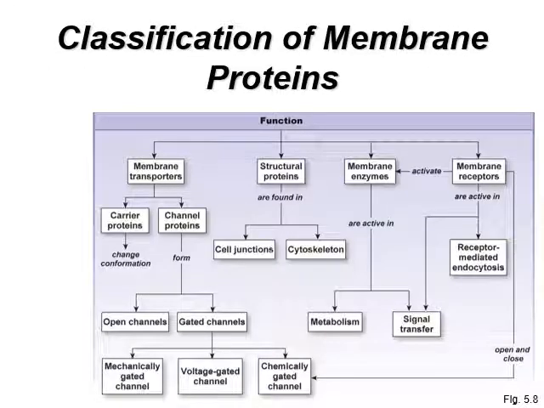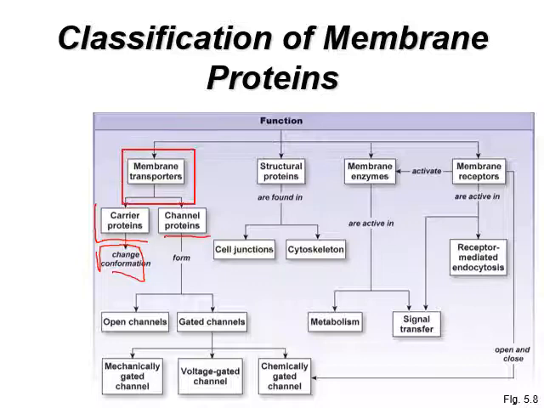All right, before we get to looking at the movement, the facilitated diffusion and the active transport, let's look at the membrane proteins that are going to be used to make these types of transport happen. We have two types. We've got carrier proteins, and you can see they can change conformation, and we'll talk about this in a bit. And then we have channel proteins that also allow molecules to move through the plasma membrane.